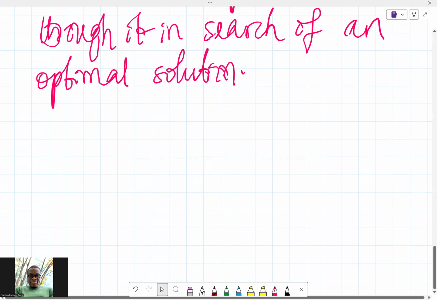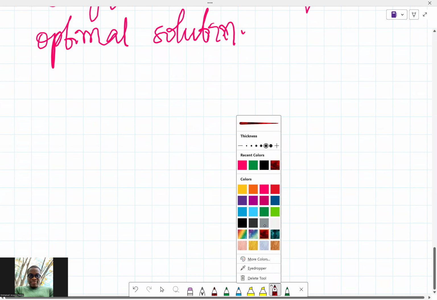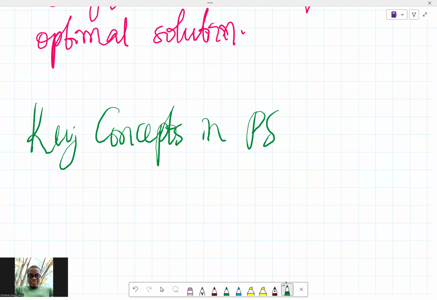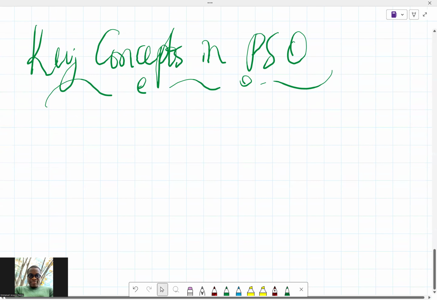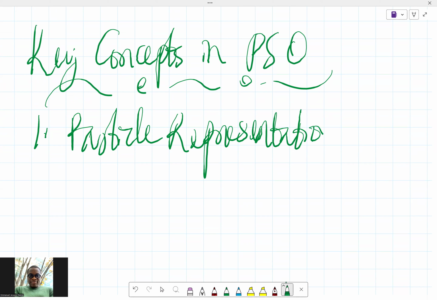From here, let's look at some key concepts in particle swarm optimization. First of all, we have particle representation. Each particle has a position xi and a velocity vi.